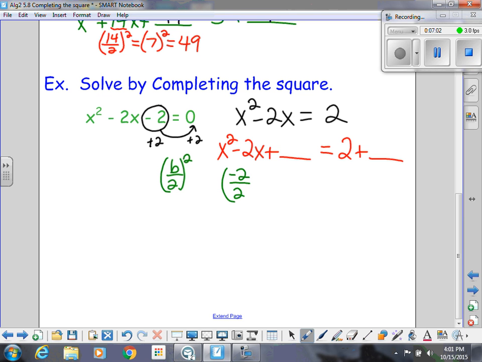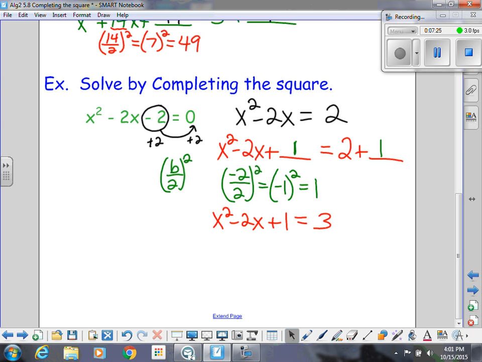We're dividing it by 2, and we're going to square that. So negative 2 divided by 2 is negative 1. When I square that, that gives me positive 1. So I'm adding positive 1 to both sides. So my equation looks like this so far: x squared minus 2x plus 1 equals 3.